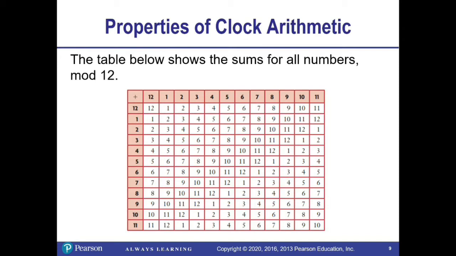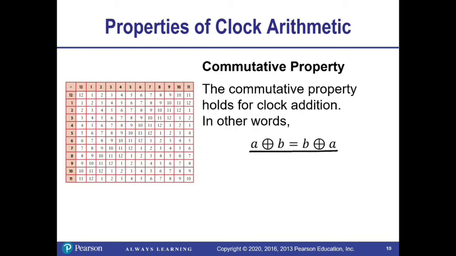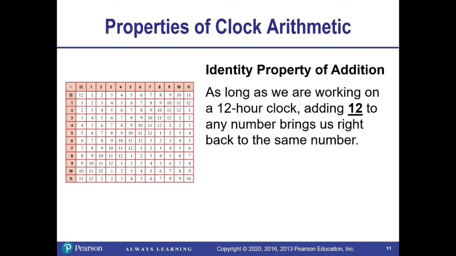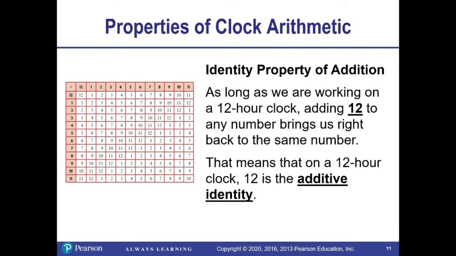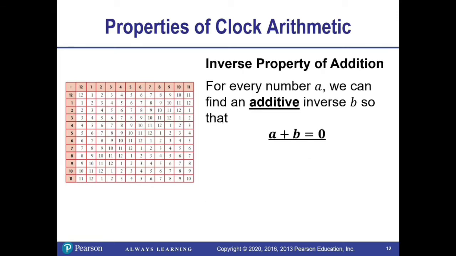Now we can use this table and think about our properties. Our commutative property holds. So a plus b on a clock is the same thing as b plus a on a clock. We also have an additive identity. Adding 12 to any number brings us right back to the same number. So 12 is called our additive identity. We also have inverses with a clock. Now typically an additive inverse is a number that I add to my number to make 0.